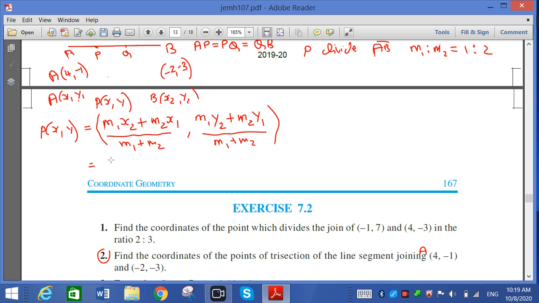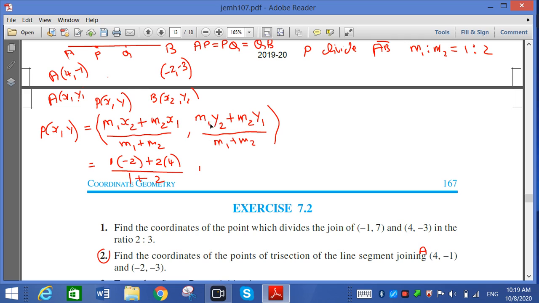So m1, I have to take 1, x2 that is minus 2, plus m2 that is 2, x1 that is 4, divided by 1 plus 2.